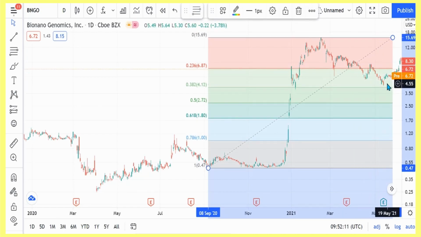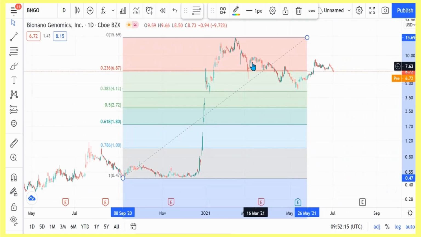It did not even manage to touch that 38%. We said this earlier, right? Usually the retracement will happen up to the Fibonacci levels. In this case, it only managed to retrace up to 38%, which is actually a good thing. Things will become bad only if the sellers push down all the way beyond 50%.